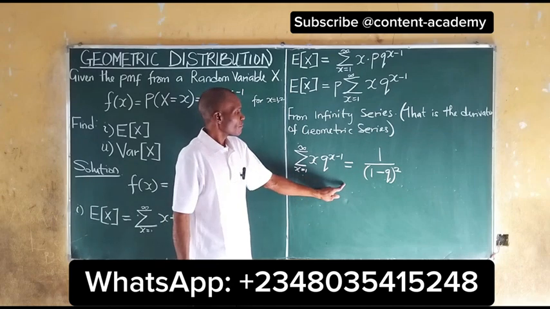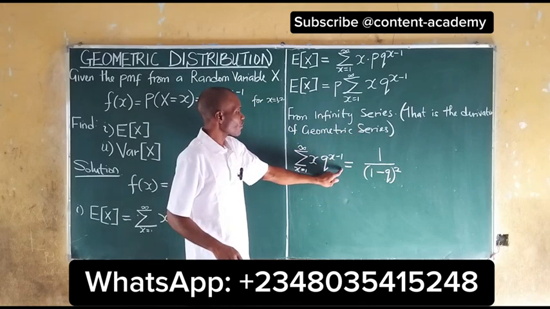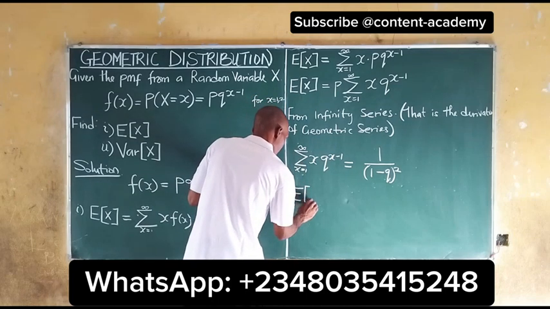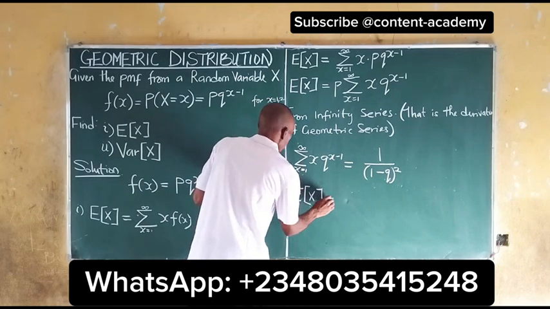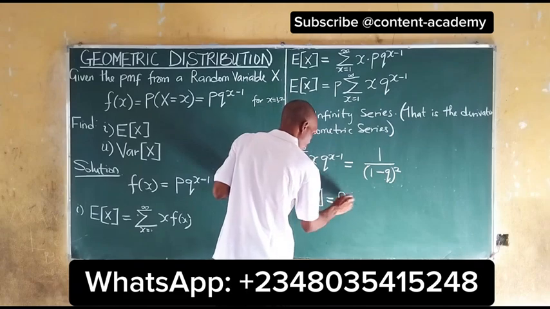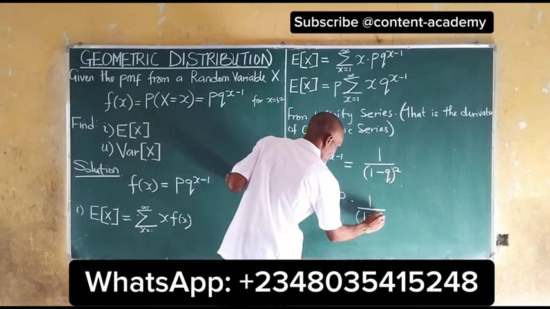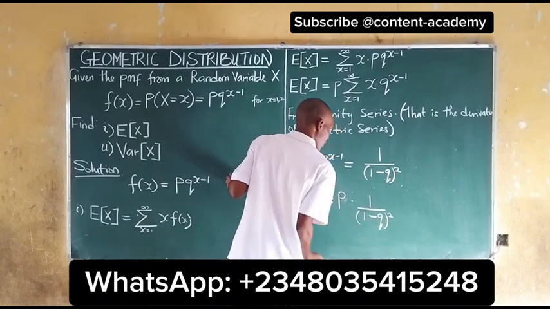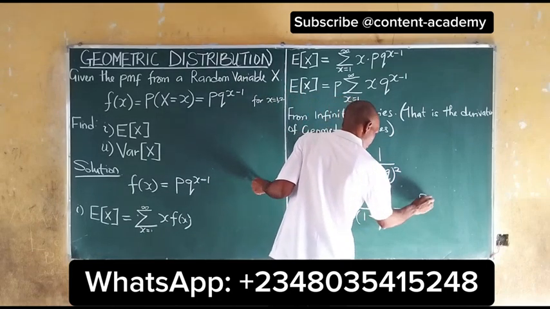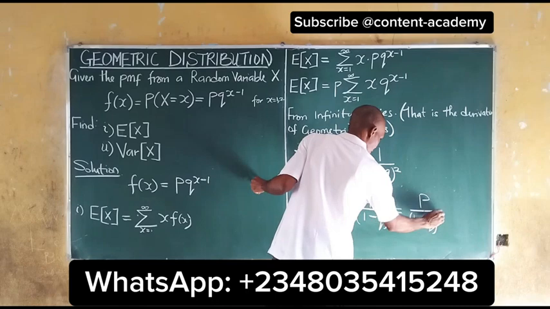So this is what we have from the infinity series when deriving the geometric series. We have to recall this. If this is true, then we have our expectation of X to be equal to p multiplied by 1 all over (1 minus q) squared, which is the same thing as p all over (1 minus q) squared.